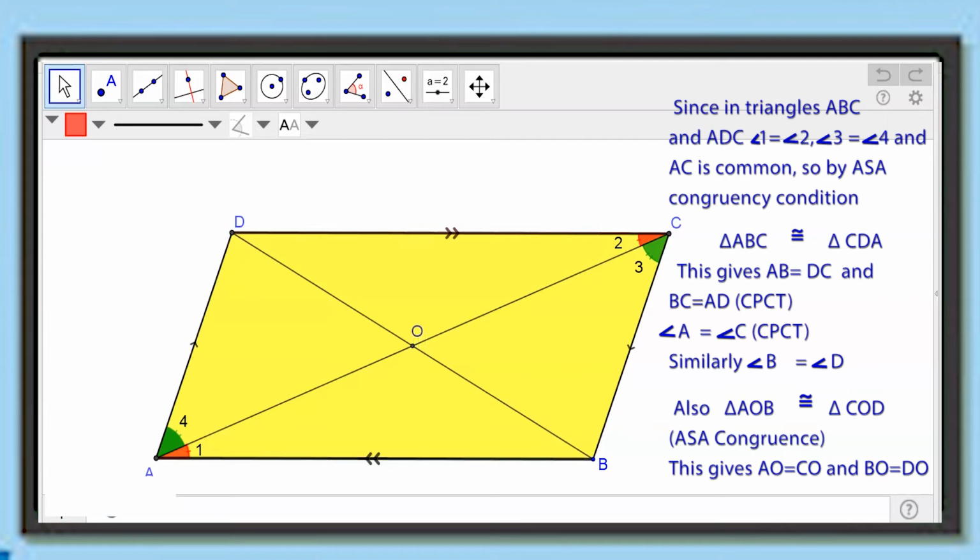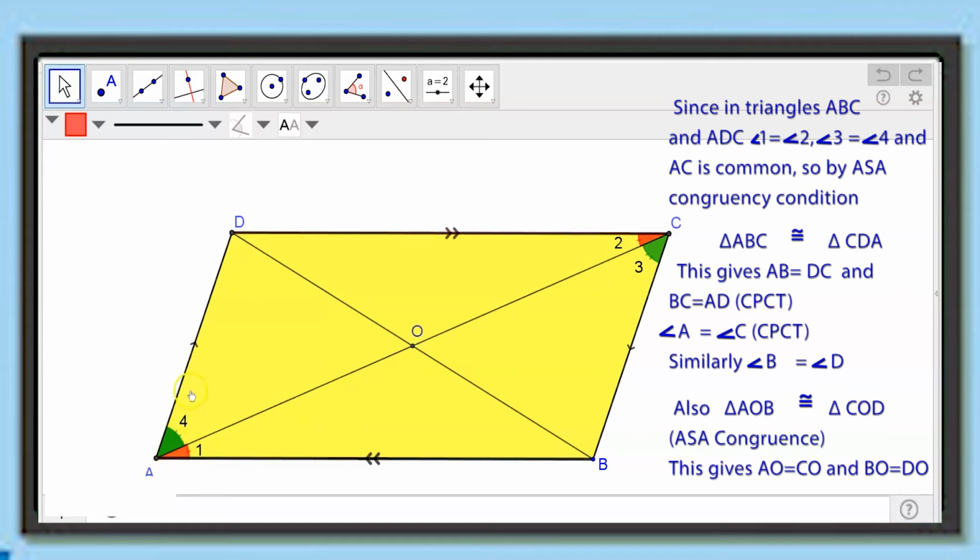Now by using the same congruence of the two triangles ABC and CDA, I can also show that the opposite angles of a parallelogram will become equal. Now we have already proved that triangle ABC is congruent to triangle CDA by the ASA congruence rule.